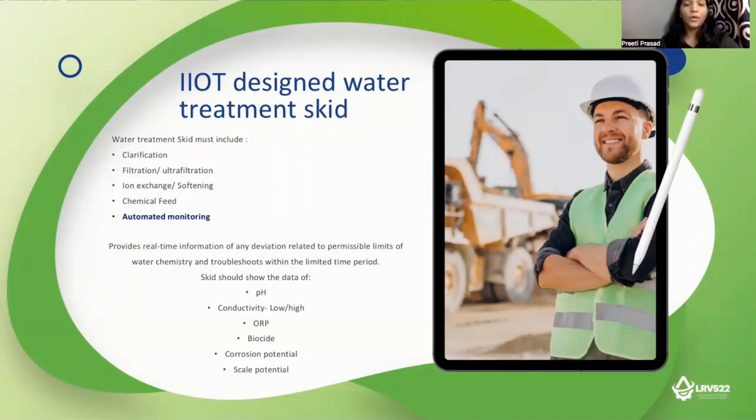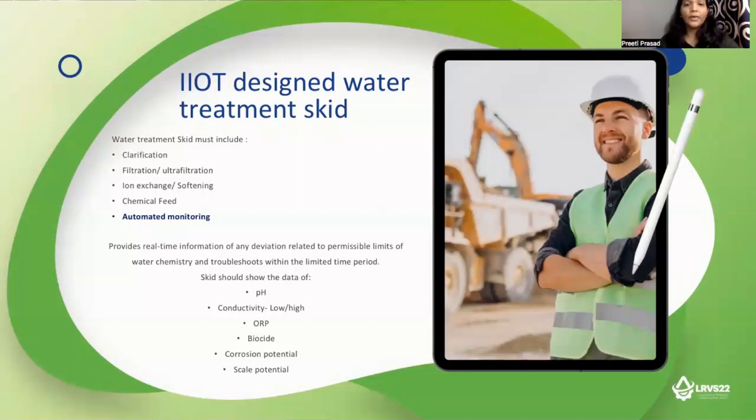Your conductivity has gone down, so your system is going to go for a water loss. And if your chemical dosing is very high, it can lead to scaling. If your inhibitors are very low, it can give you corrosion.